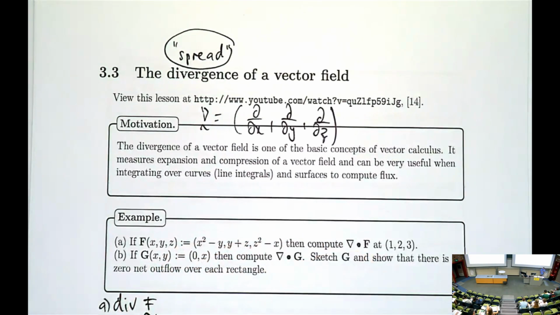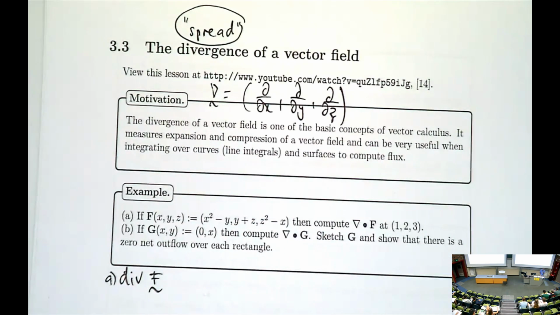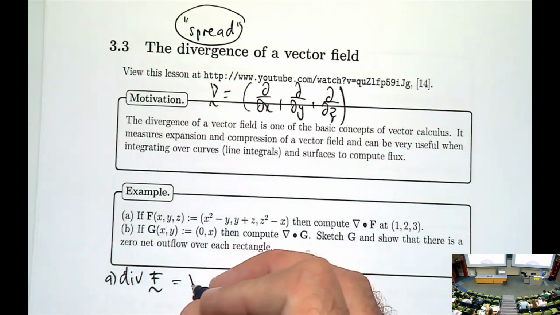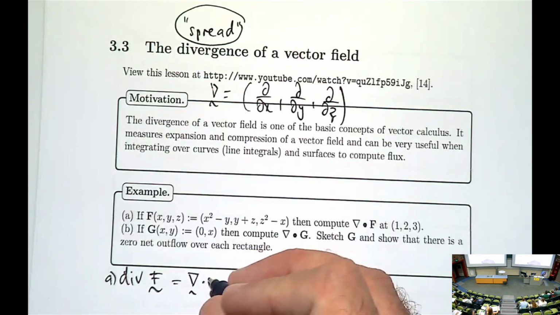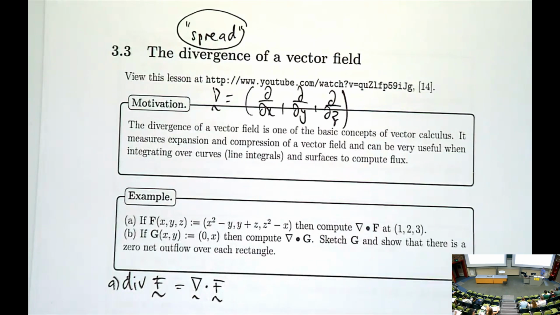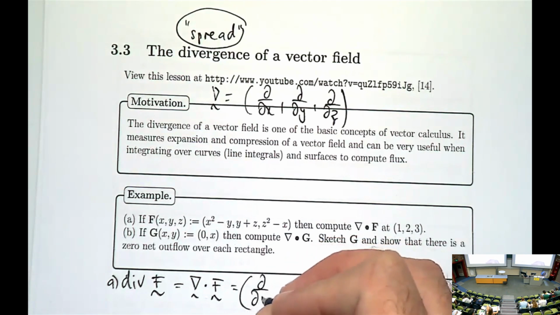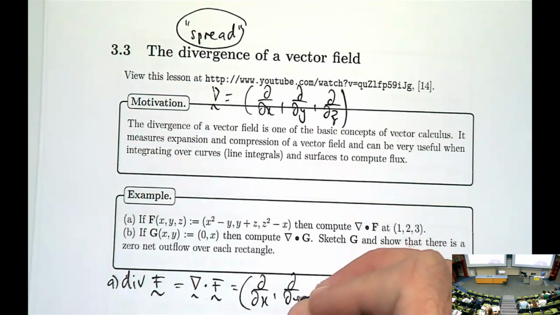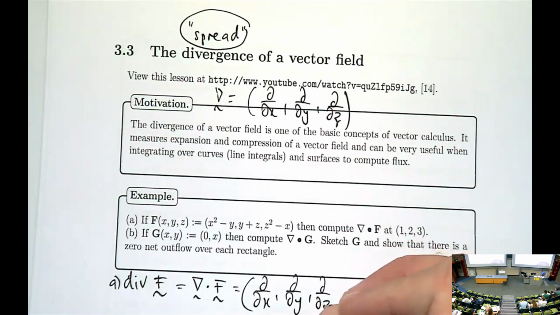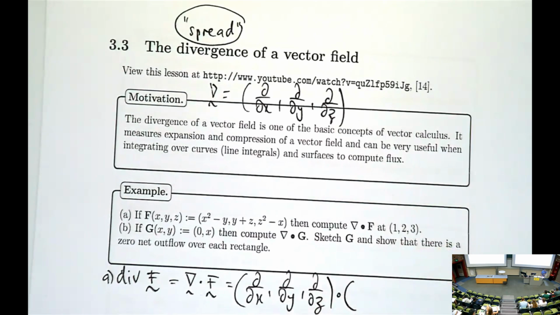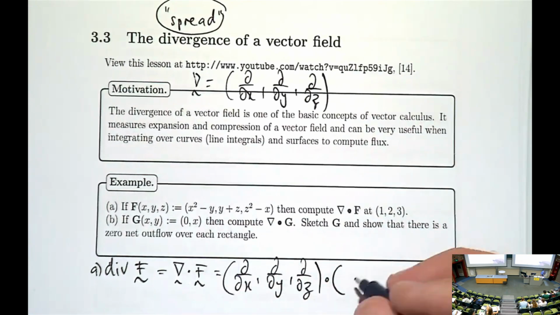The first notation we use is div, and the second notation is the dot notation. If I'm unsure of this, I basically just write it out as two vectors. So if I can't remember what's going on, I can always write it out longhand.